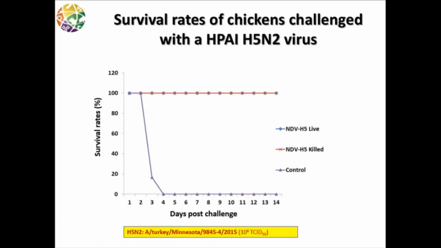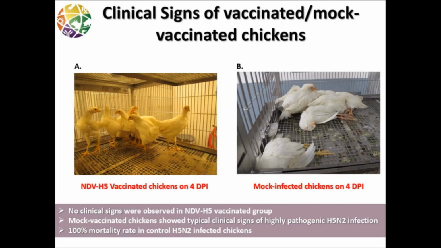And here is a pretty major slide which shows the result of this trial. In all our vaccinated groups, all chickens survived, and all chickens in the control group died by day 4 post-infection. This is just a photo showing these chickens on day 4 post-infection.